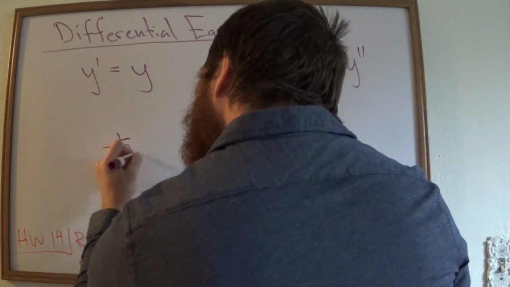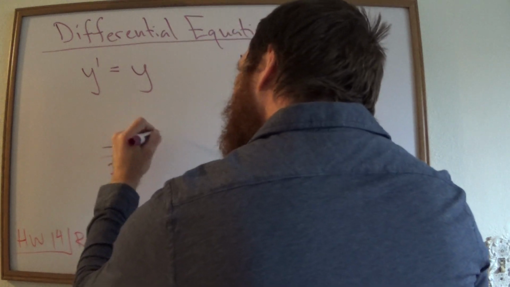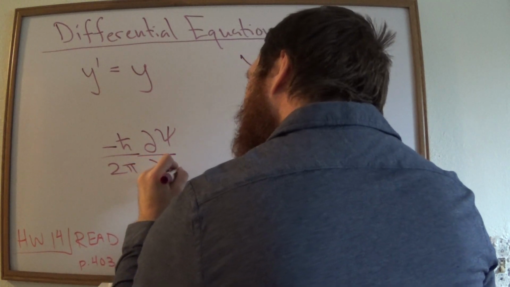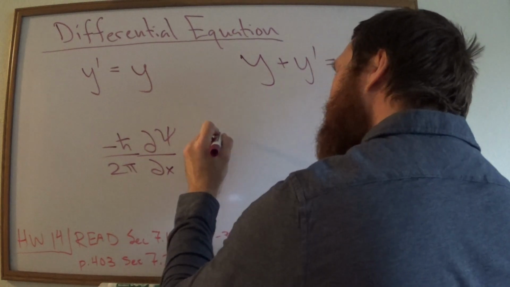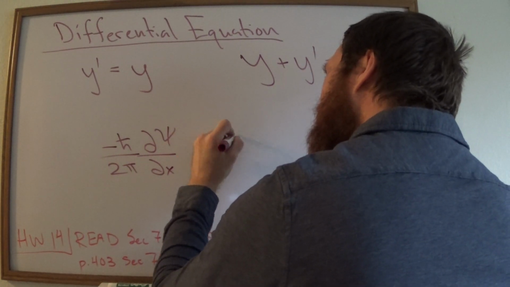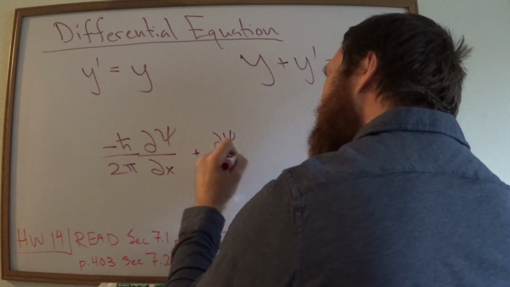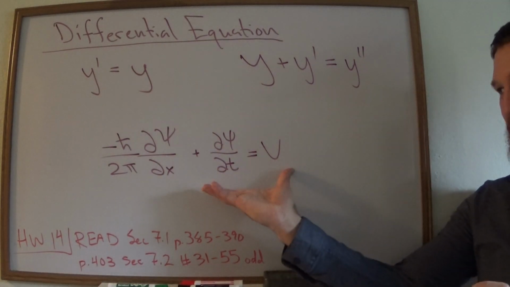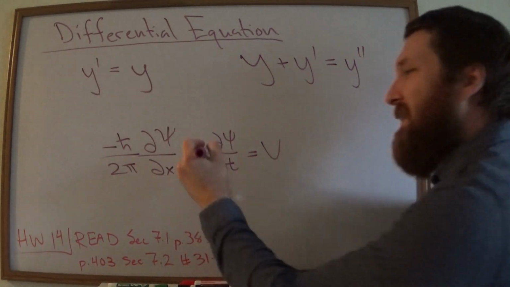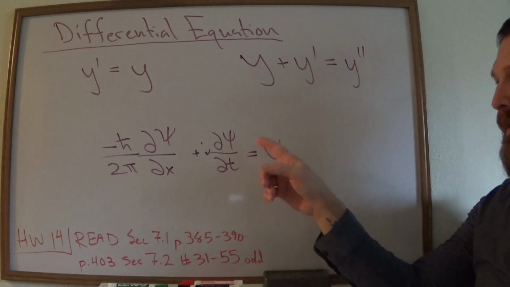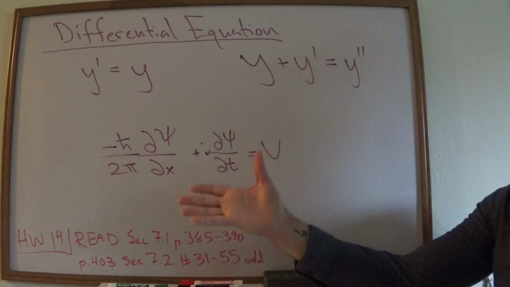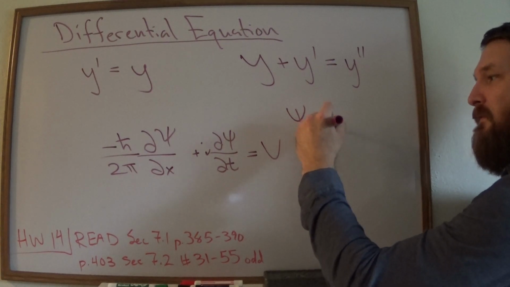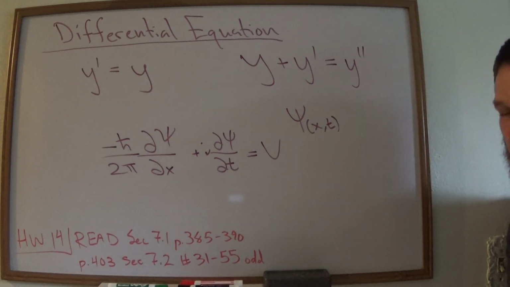It was like this: d sine dx plus, dt equals v, or something like that, and I said, this is called the Schrodinger equation. It is not this. I've completely messed this up. There's an i in here somewhere, I don't know. But anyway, the idea is, and this is what's called a partial derivative, and therefore a partial differential equation, where the function is a function of multiple variables.